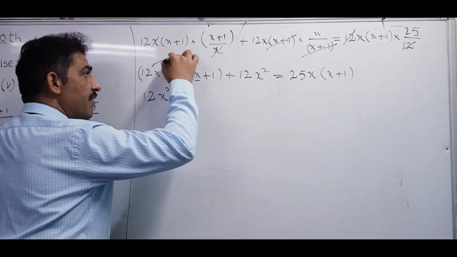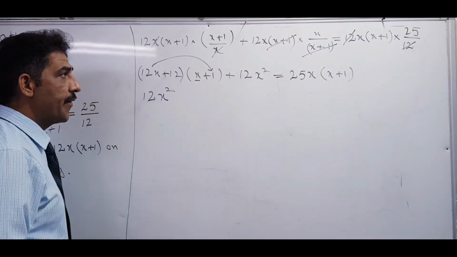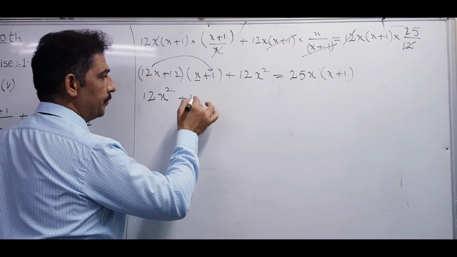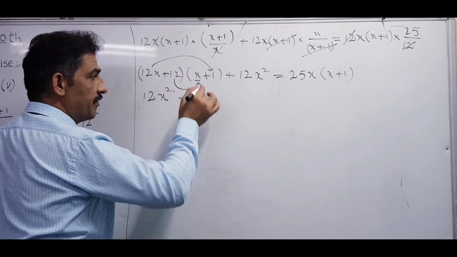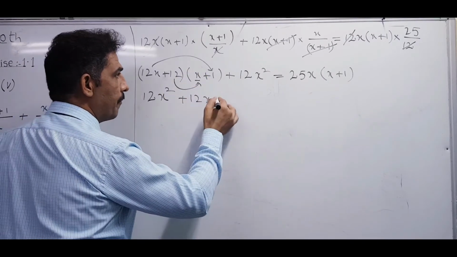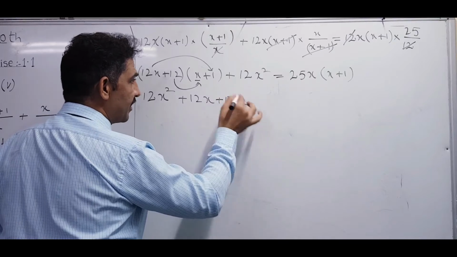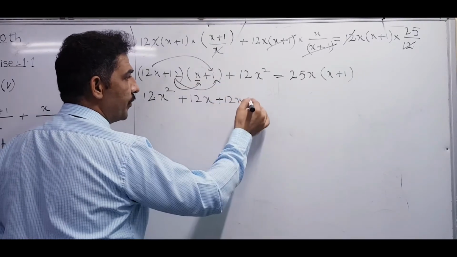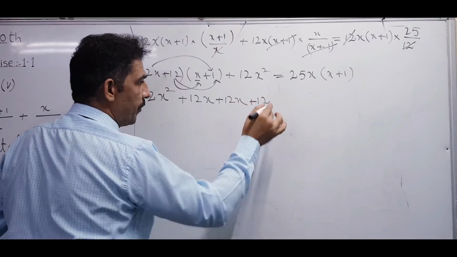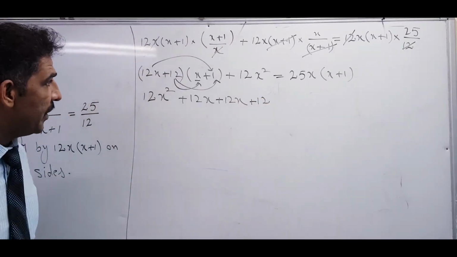Again 12x multiplies the second term, what is that? 12x. Now the second term: multiply this 12 with the first, what should come? 12x. Then multiply with the second also, plus 12.